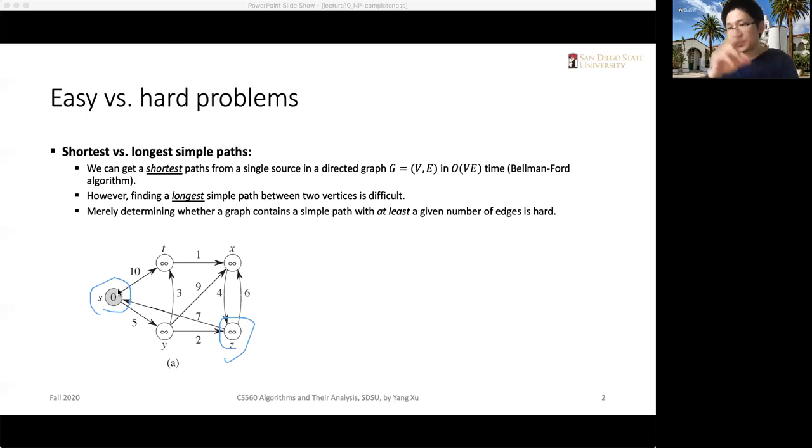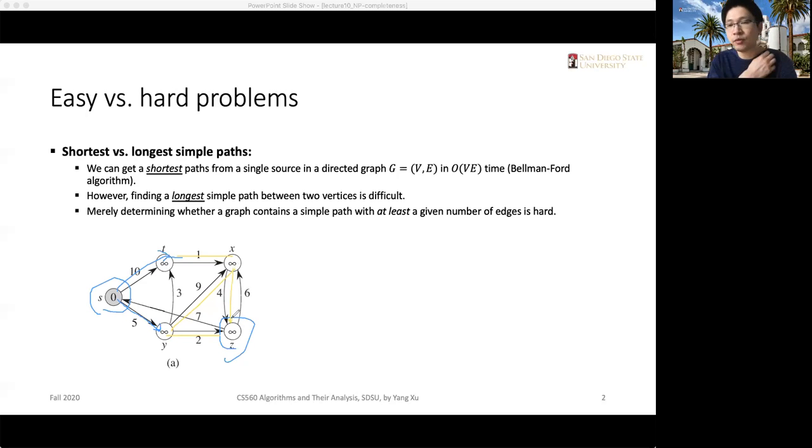If we first check how many vertices are connected to S, we can go from S to T, and we can also go from S to Y, and there are no constraints on which way to go, because we don't know which way will lead us to the longest possible path. From S to T and T to X, or Y to X or Y to Z, or T to Z.